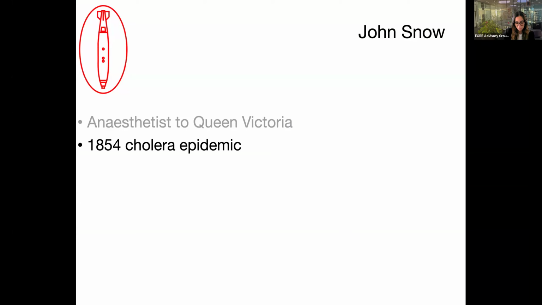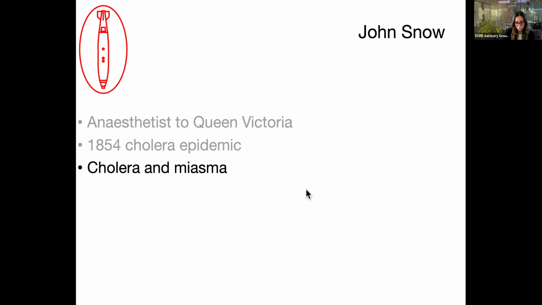But he was an anaesthetist. He was used to using things like ether and chloroform. And he realized that if bad smell was causing cholera, why weren't all the people who worked in the sewers of London dying? So he decided there had to be something else.